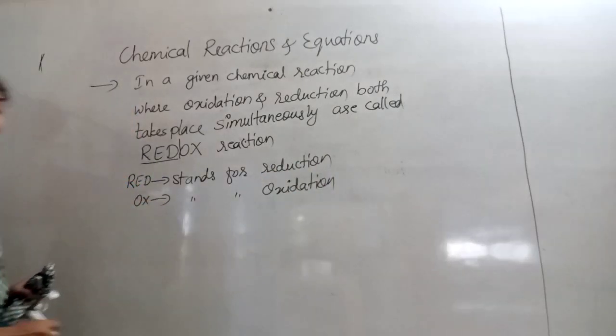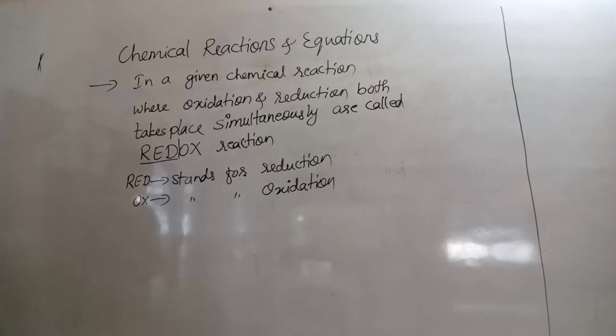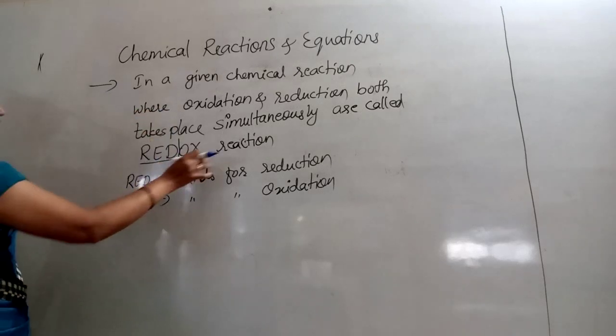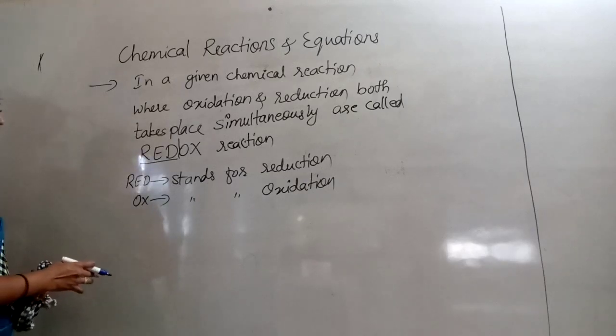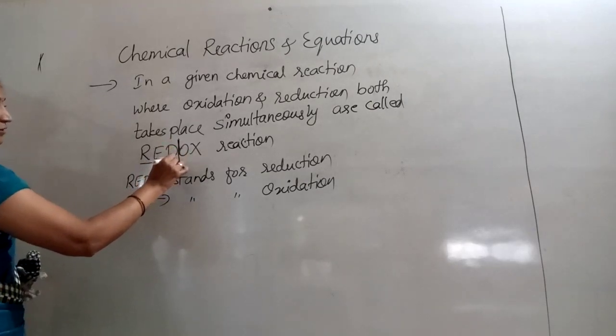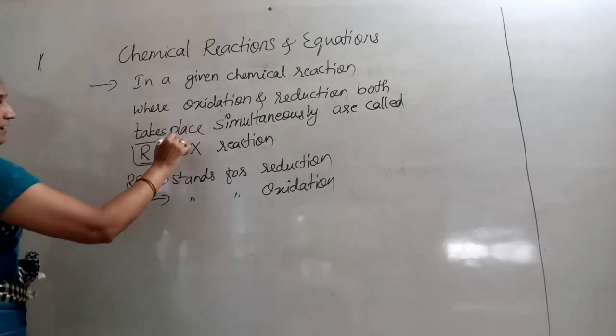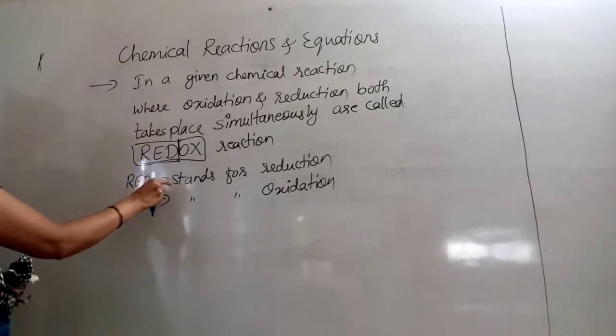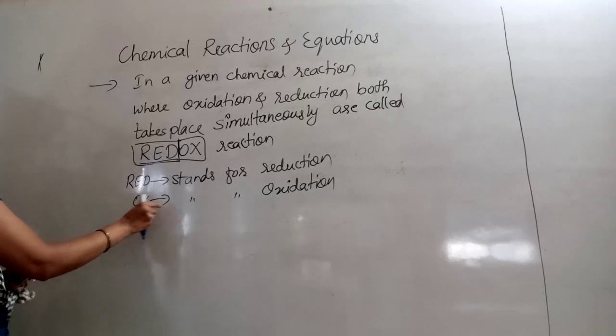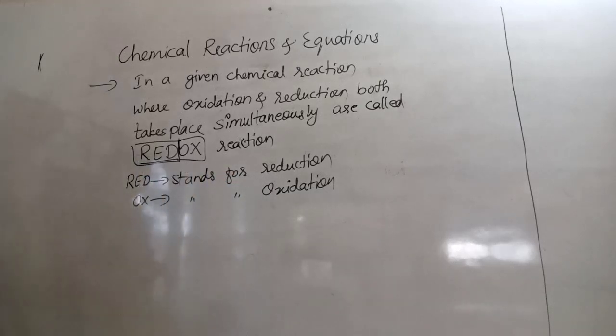Therefore, in any reaction where both oxidation and reduction take place simultaneously, such reactions are known as redox reactions. Now we will discuss examples for redox reactions.